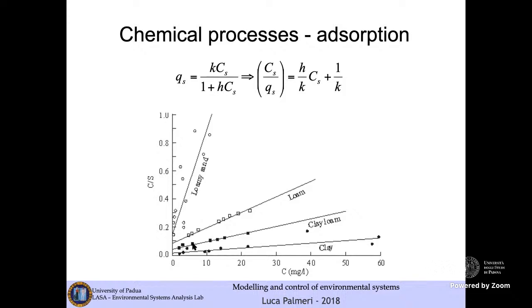We see that depending on the typology of adsorbent, clay loam or loamy sand, we have different behaviors, but in general we have some kind of linear relationship that links the concentration in the liquid phase with the ratio between the concentration in the liquid phase and the concentration in the solid phase.